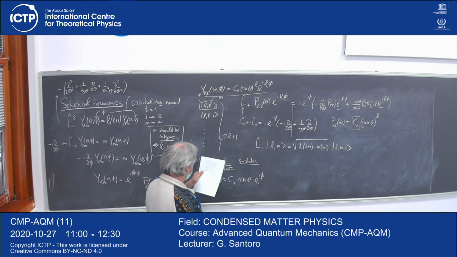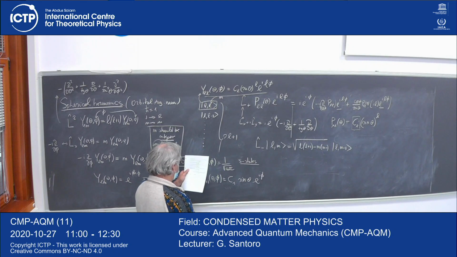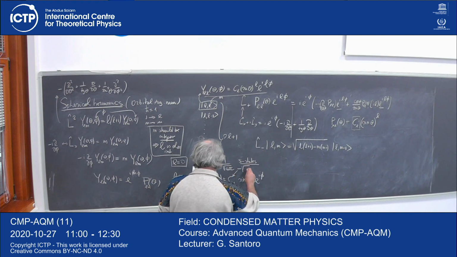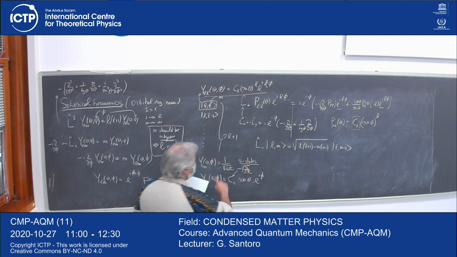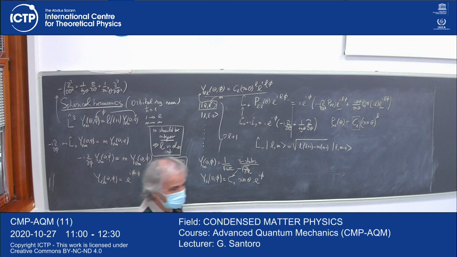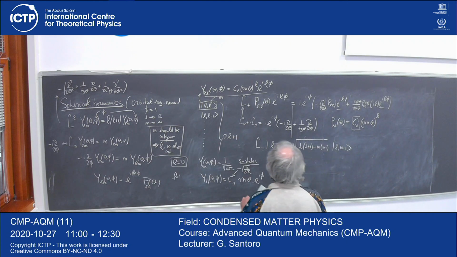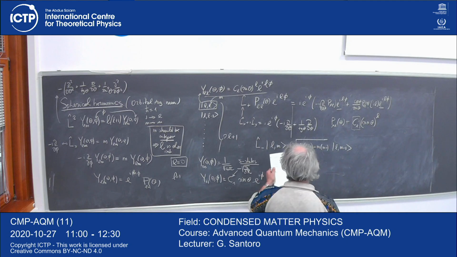C1, you can calculate from the formula I just gave you before. It is equal to minus the square root of 3 over 8 pi, in such a way that if you integrate, really it becomes normalized to 1. Fantastic. Then let's apply the rule.